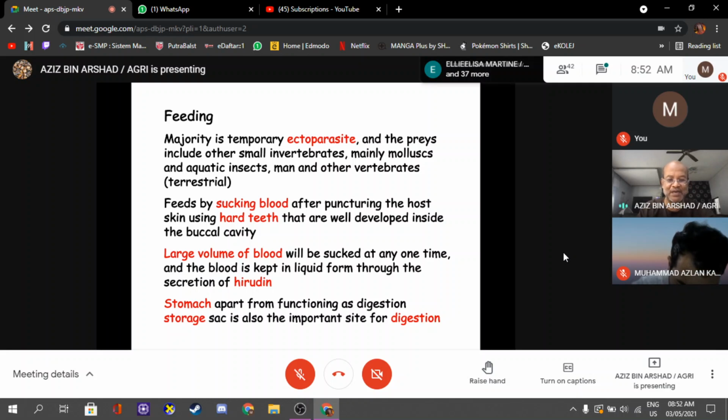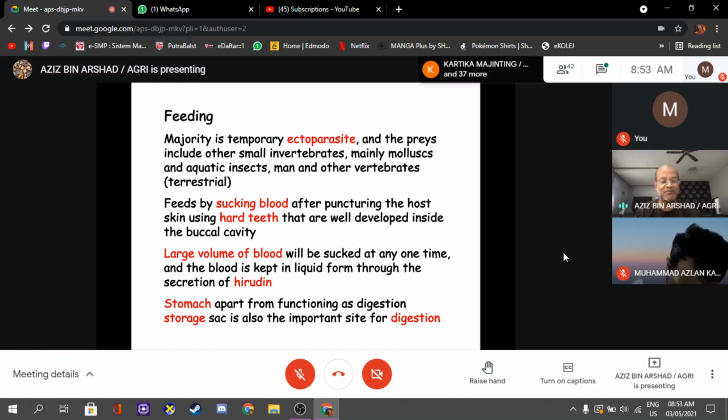A large volume of blood will be sucked at any time, and the blood is kept in liquid form through the secretion of hirudin. So, leech culture is to get this hirudin. Hirudin will keep your blood in liquid. It won't coagulate. So, ini adalah untuk tujuan perubatan.